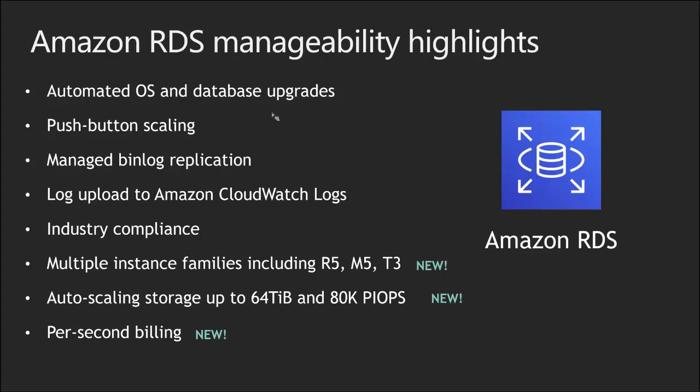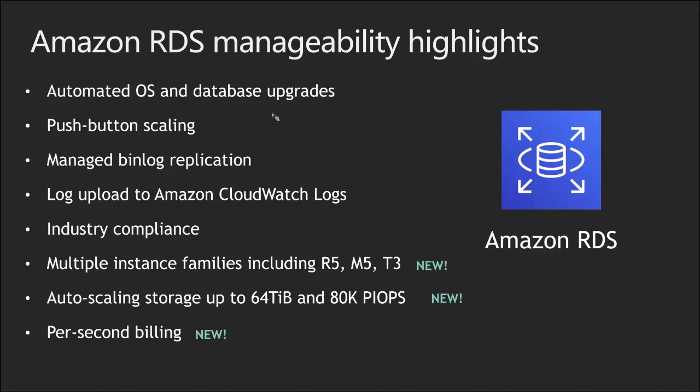Some of the things that were announced in the last few months are new instance families. So R5, M5, and T3, upgraded from last year's R4, M4, and T2, obviously.